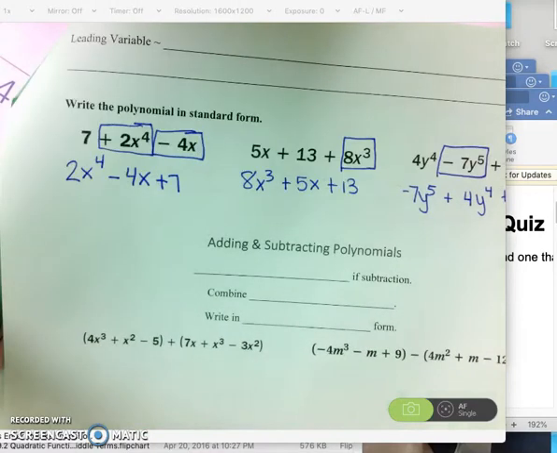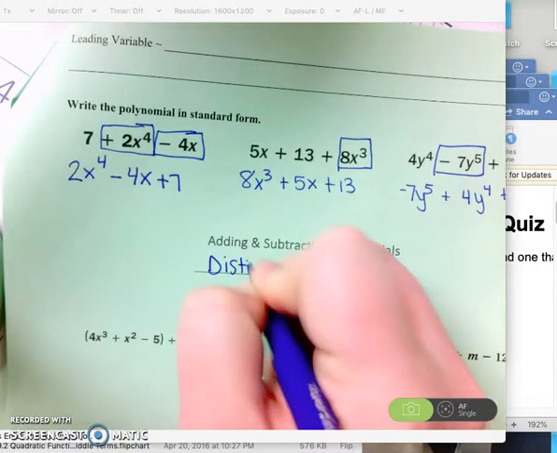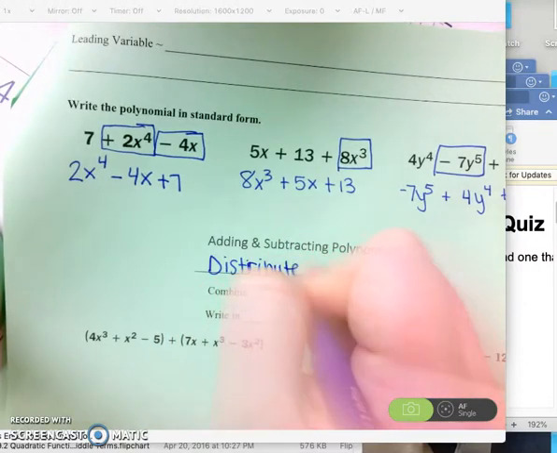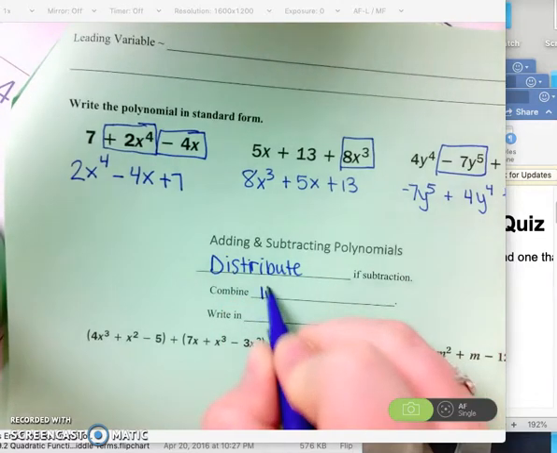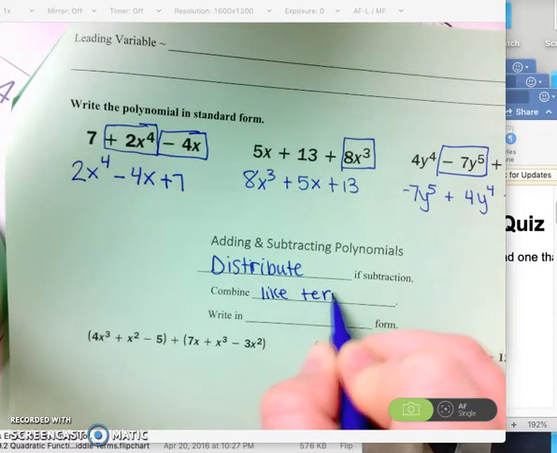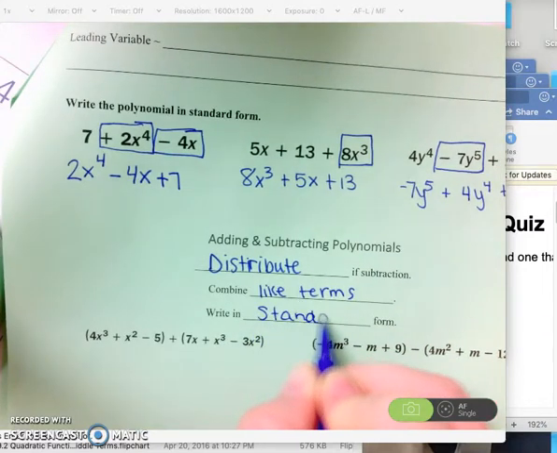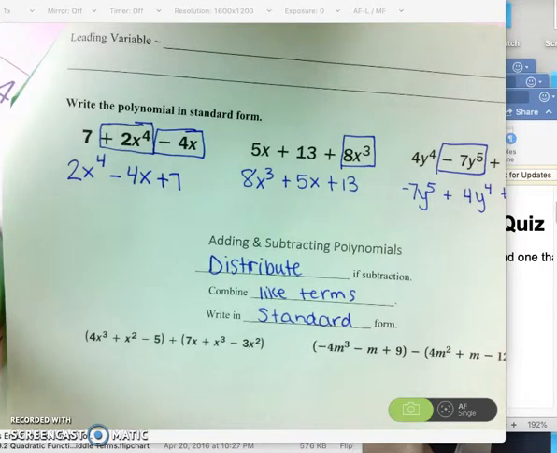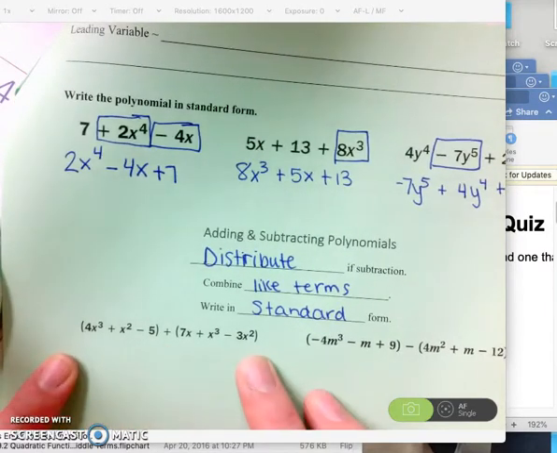So, distribute. If there's subtraction, combine like terms. Make sure to write in standard form. Okay, so if we're adding, we're just going to be adding the like terms.